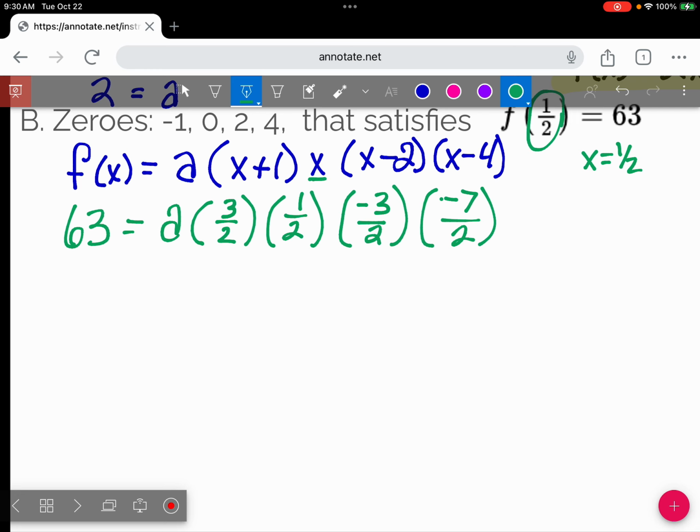So multiplying fractions, multiply our numerators, multiply our denominators.